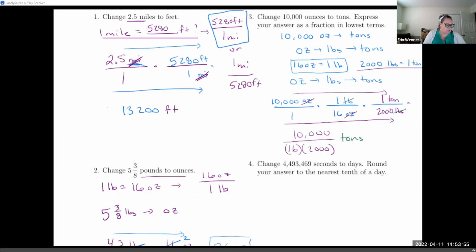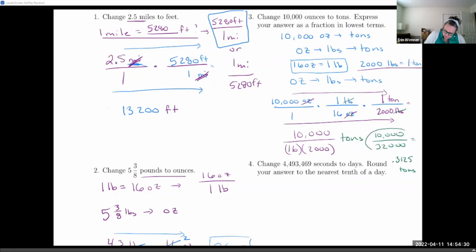So if I take 10,000 and divide it by 16 times 2,000, so 16 times 2,000 gives me 10,000 over 32,000, which reduces to 0.3125 tons.